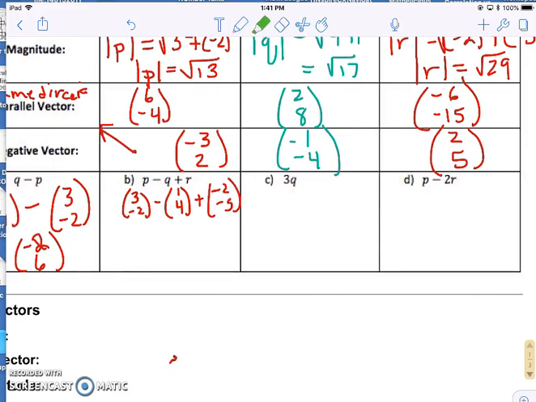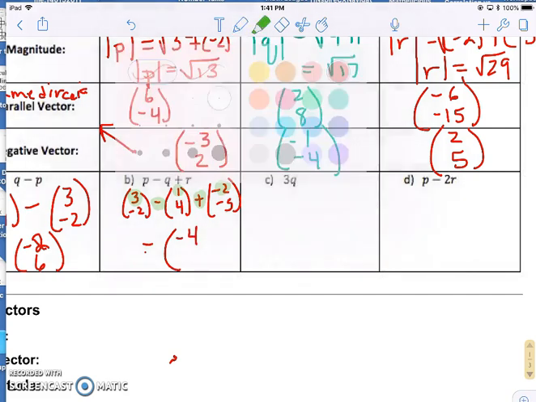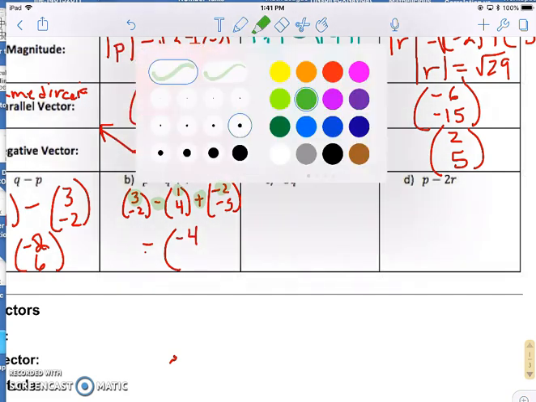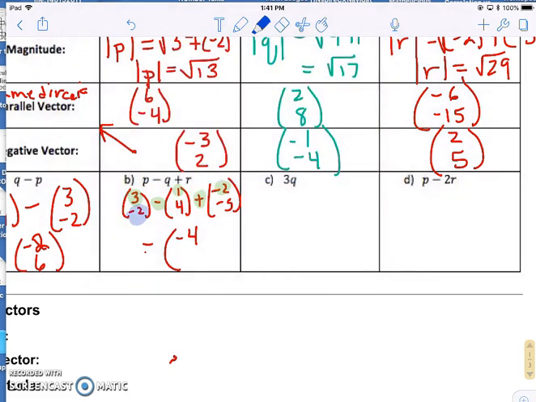Again, we need to take our x component. 3 minus 1 is negative 2, plus negative 2 is negative 4. And then if we take our y's, negative 2 minus 4 is negative 6, plus negative 5 is negative 11.